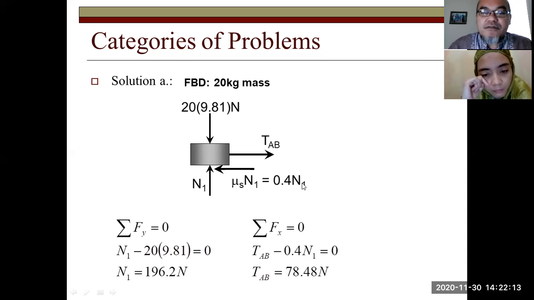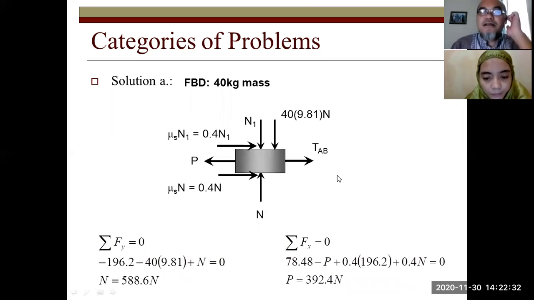Sigma Fx equals 0: TAB to the right, minus the friction force, which is mu S times N1. N1 is substituted from the previous equation, sigma Fy equals 0, and then we obtain TAB equals 78.48 Newton.